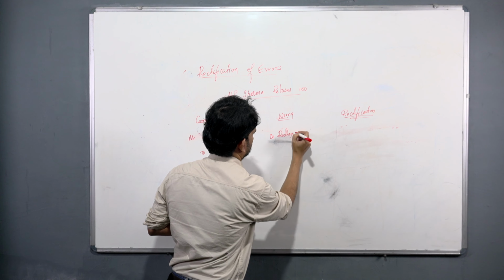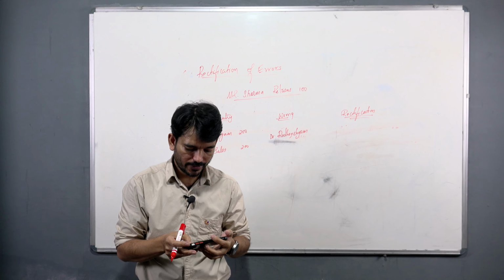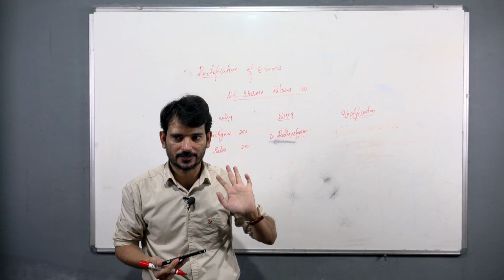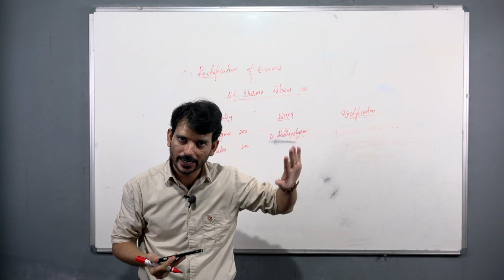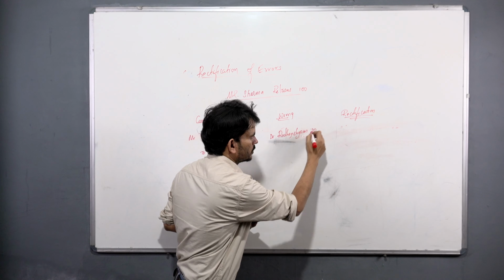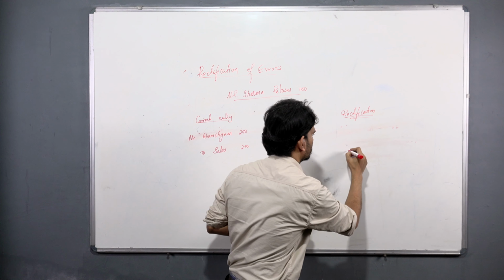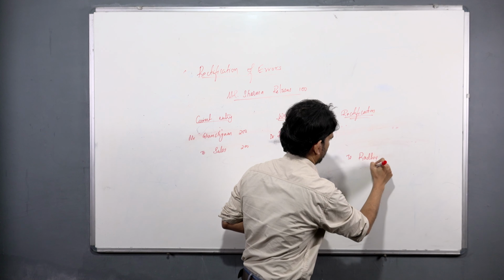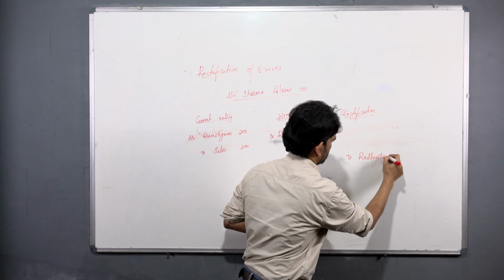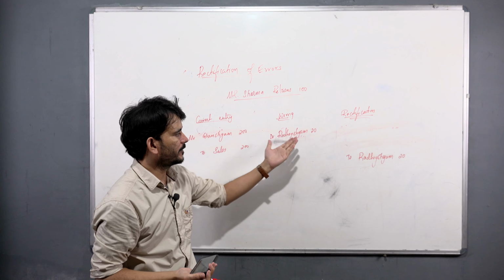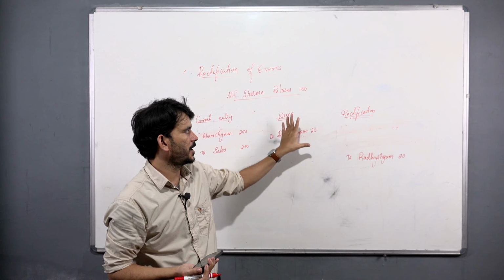Now we need to rectify the entry. So how do we rectify the entry? As I told, whatever wrong thing he has done, you reverse it. So he has debited Radhesham with 20. So we will credit Radhesham with 20. So now we have given the offset entry, the correction entry for the wrong thing.